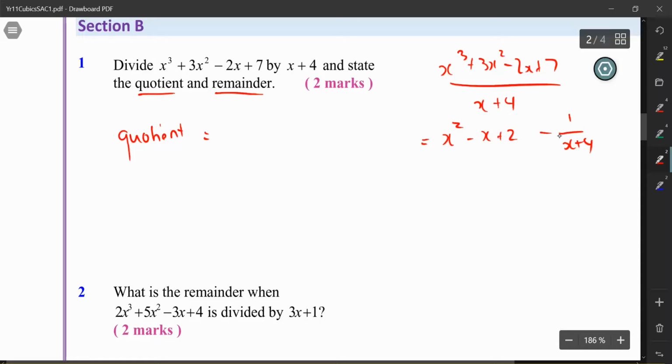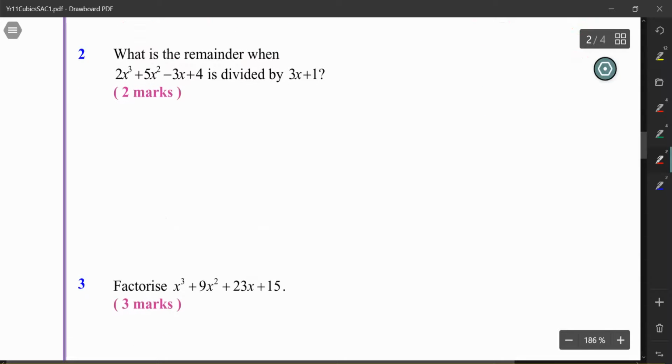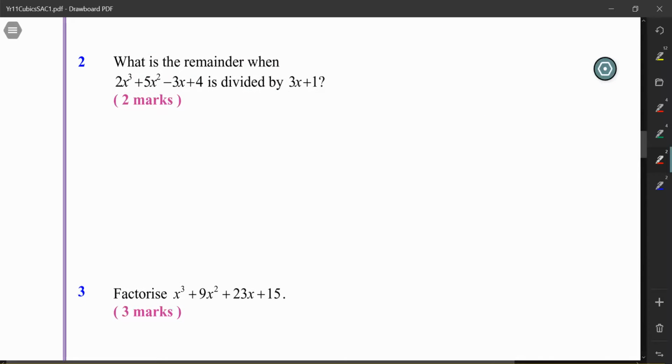Now right here, quotient, which was x squared minus x plus 2, and remainder is equal to -1.